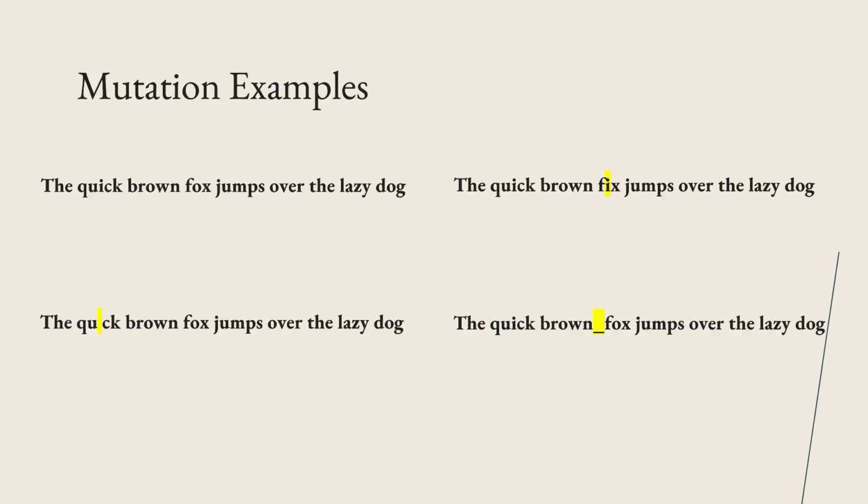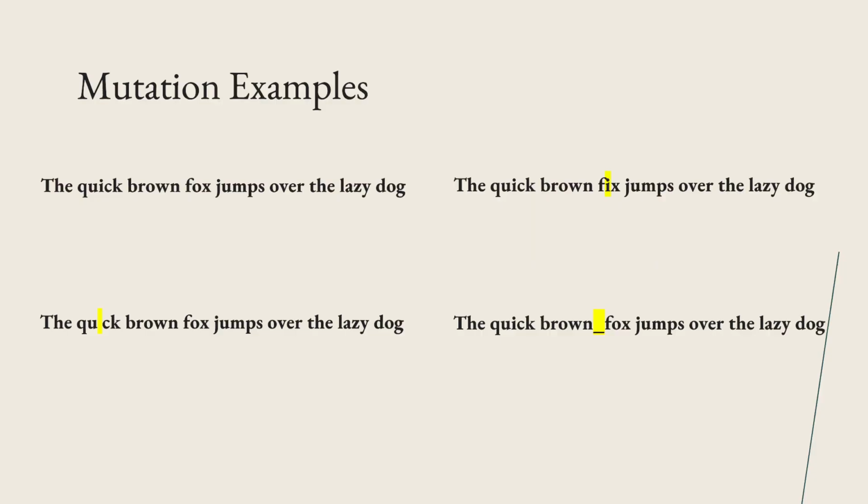So now here are some examples of the mutations that could happen. The first one would just be the simple seed input. It's just a basic sentence that shows that the word the is said twice in it.